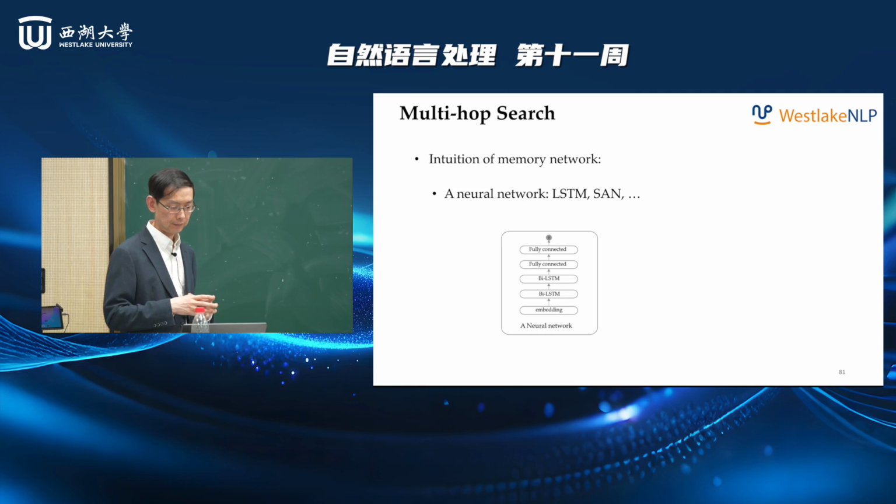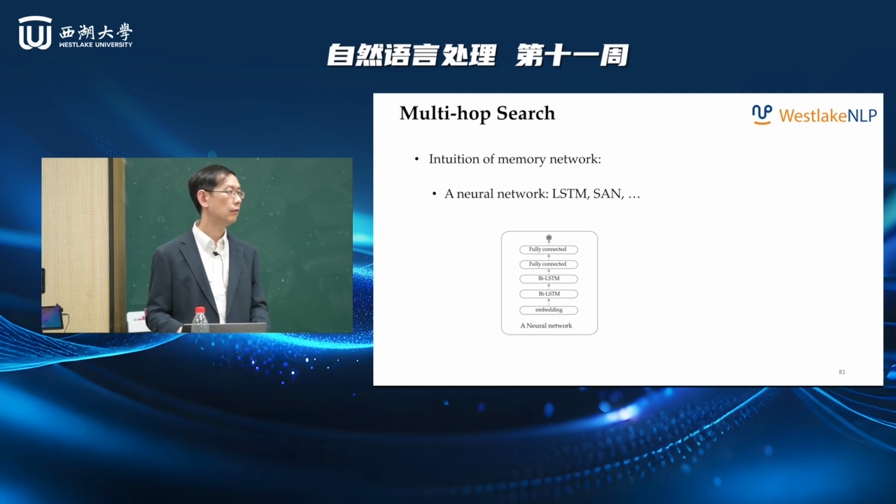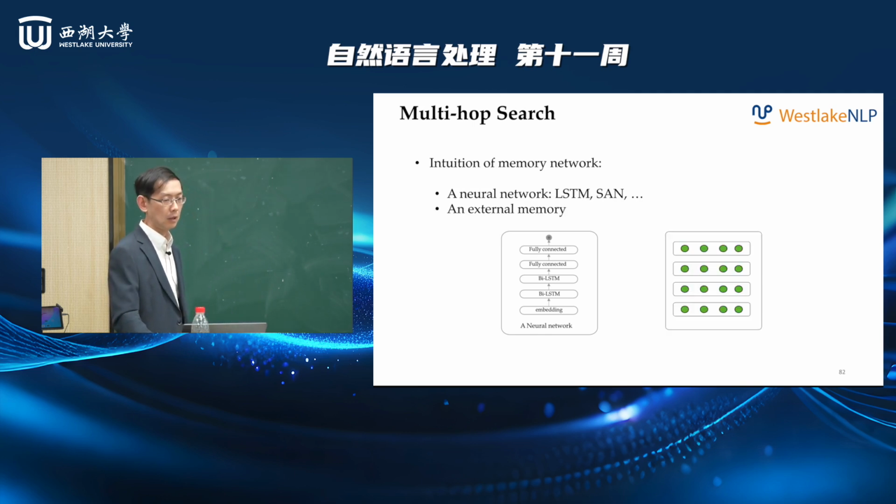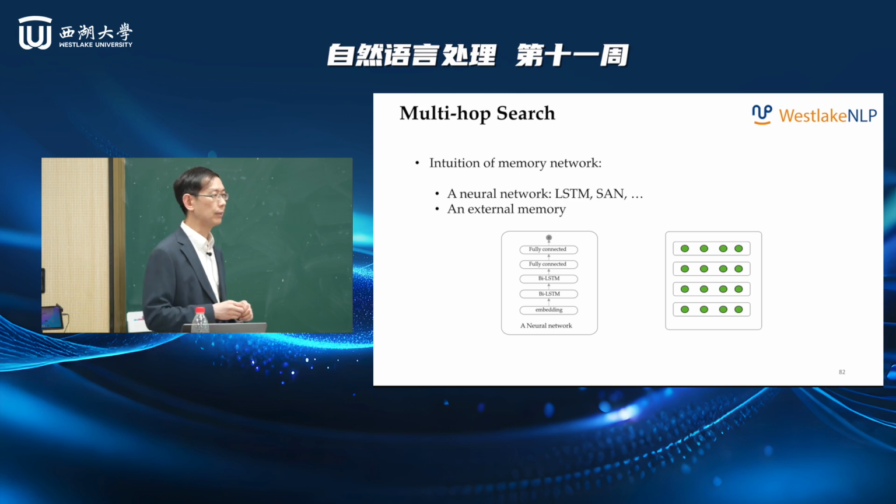So this is the basic idea of a memory network. You have a neural network that does the reasoning. And then you have a set of memory. This memory is basically a sequence of vectors, and each vector is something that you remember.